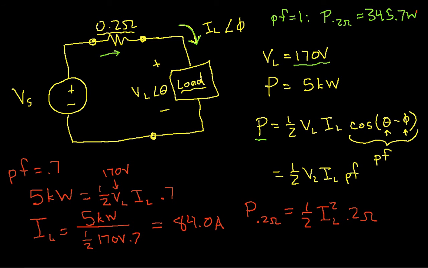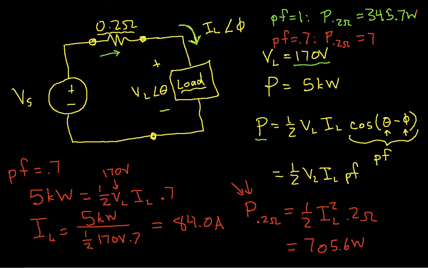And for those of you that are wondering where this expression comes from, it just occurs to me we haven't really derived it in any of the videos, so I'll come back and show you why that's the case once we've done this example. And when I compute this, I get 705.6 watts.